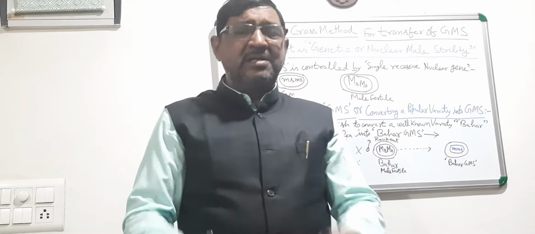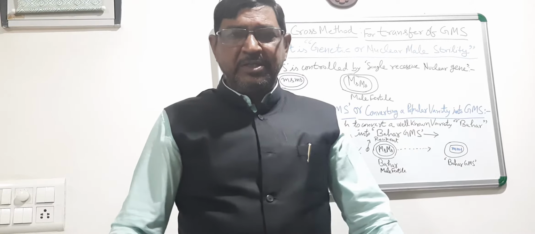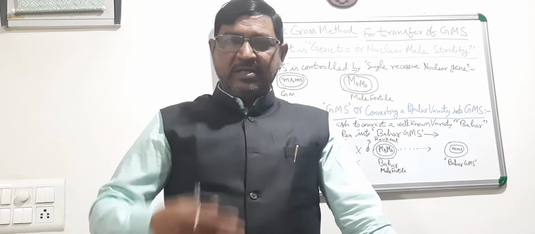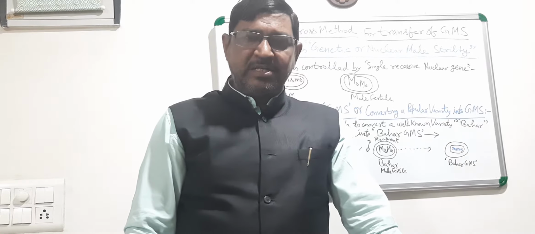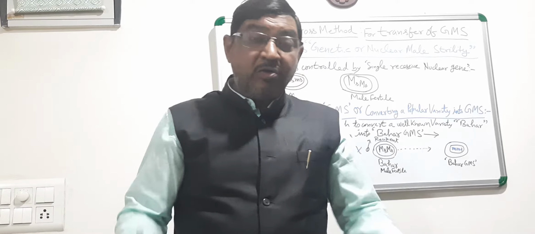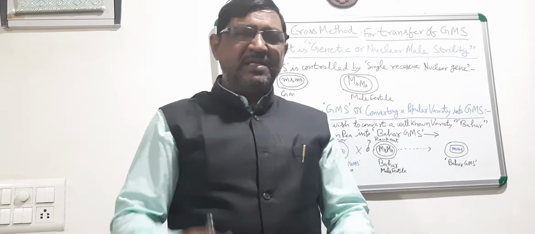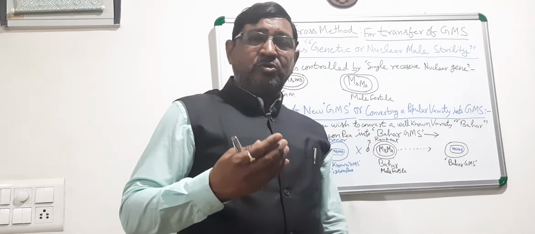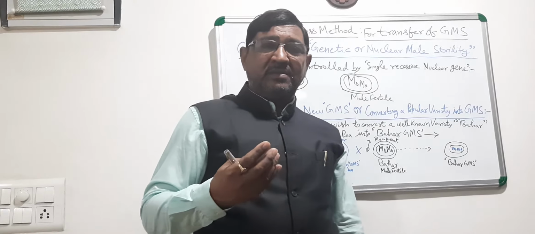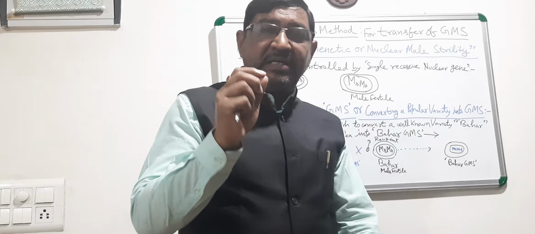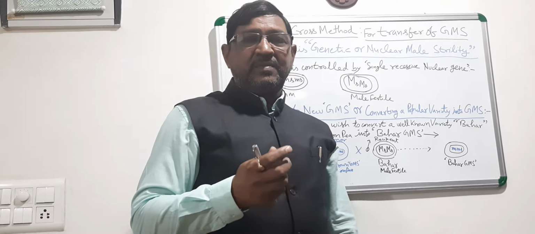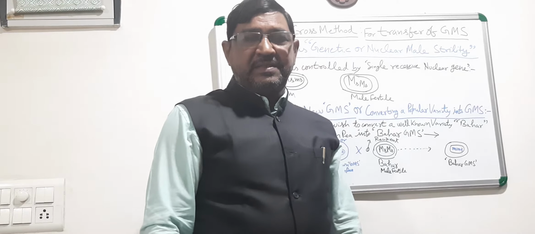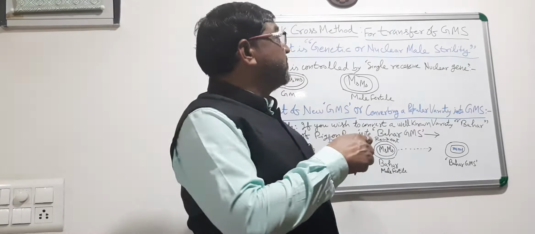But you must learn that yes, you can develop a new GMS line, or you can convert your own popular variety into GMS. So how can it be done? It's very easy. I have already discussed how to transfer a recessive gene into your popular variety through backcross breeding.